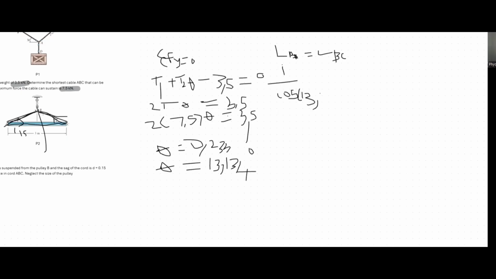Use a calculator, 1.5 over cos 13.5. We are going to get 1.54.